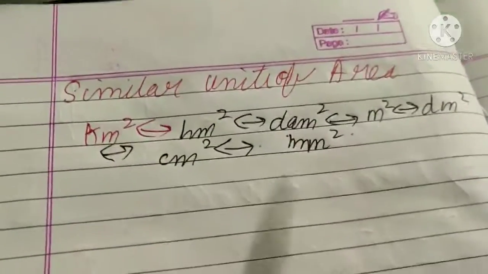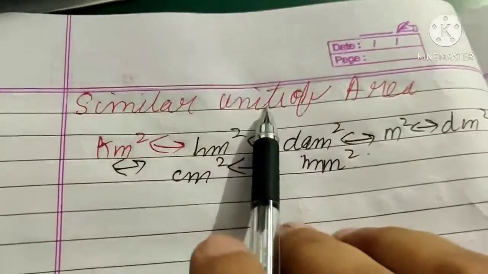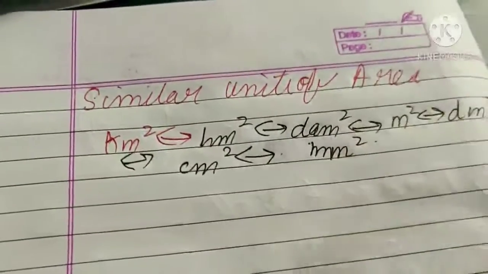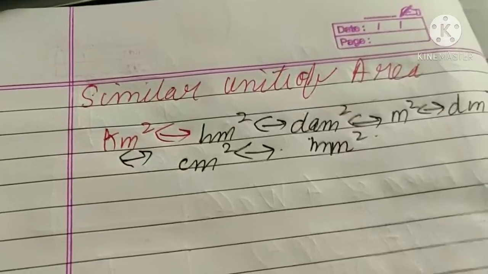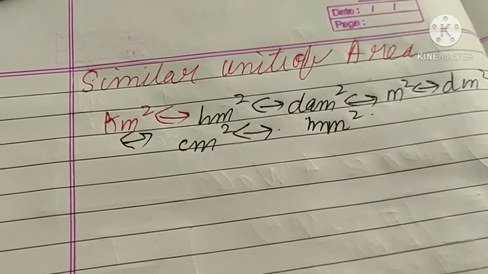Here with length units we multiplied by 10 moving to the right: 10, 100, 1000, 10,000 and so on.